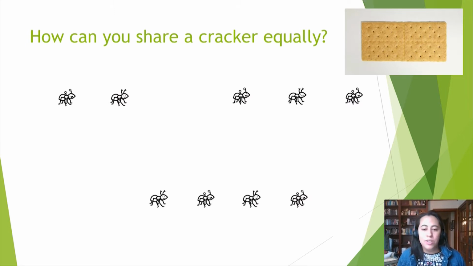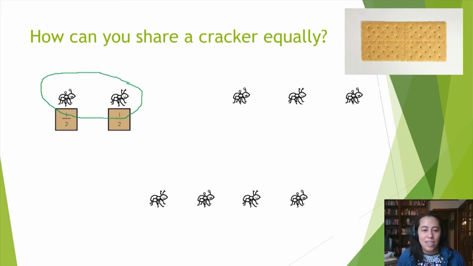So the first group that you see on the left are 2 ants. How could 2 ants share the graham cracker equally? One way they could do it is to cut the graham cracker into halves. That way each ant gets 1/2 and they both get an equal amount of the graham cracker.